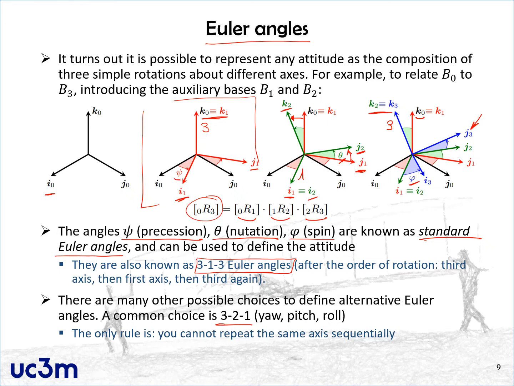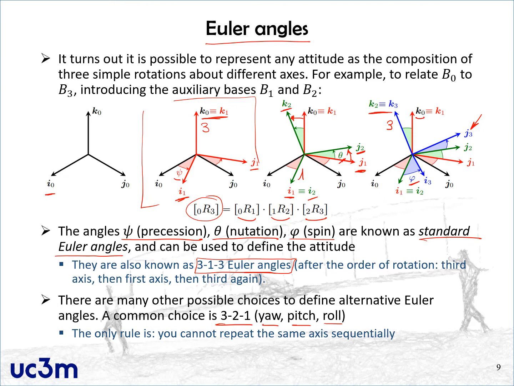Of course, the value of the angles will be different to reach the same attitude, and the name that we give the angles in that case is the yaw, pitch, and roll angles. This set of Euler angles is used quite commonly in flight dynamics. You can create any sort of Euler angles.